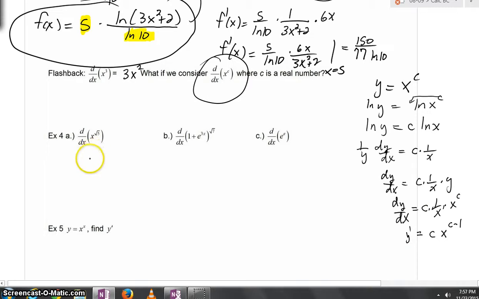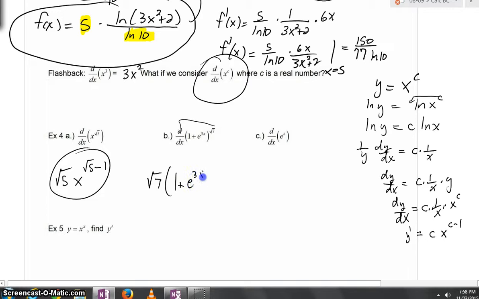So take a look at example 4. The derivative of x raised up to the radical 5 power is radical 5 times x to the radical 5 minus 1. For part B, we're going to need a chain rule. Drop down radical 7 here, and we'll have 1 plus e to the 3x, but our new exponent is radical 7 minus 1.